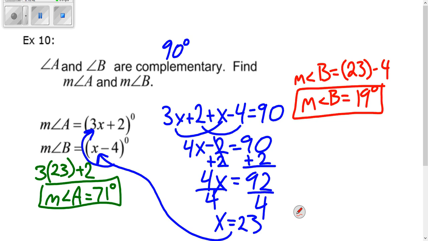The measure of angle B is 19 degrees. And then we want to check and make sure that they are complementary. 71 plus 19 gives us 90 degrees. So they are complementary. That does work out. We're able to find out the measure of each of those angles.